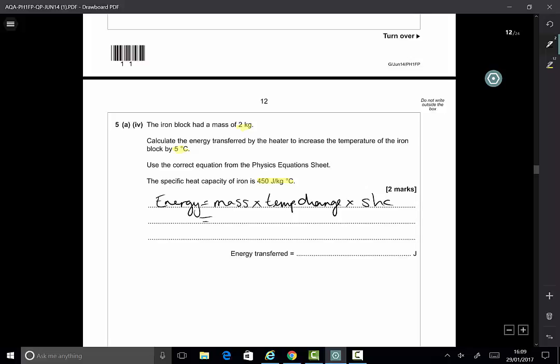So 2 times 5 times 450. I don't even need my calculator because I know that 2 times 5 is 10. 10 times 450 is going to be 4,500. Okay, you can use your calculator though, just to double check.